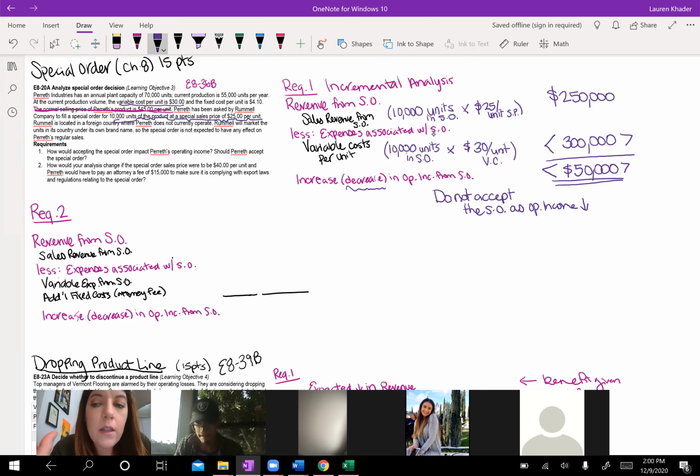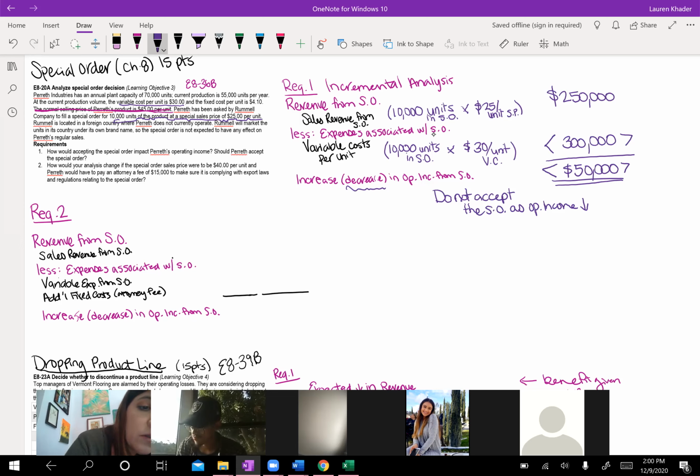Does requirement 1 make sense? Yes. Okay, you're going to do something similar for requirement 2. How would your analysis change if the special order sales price were to be $40 per unit?